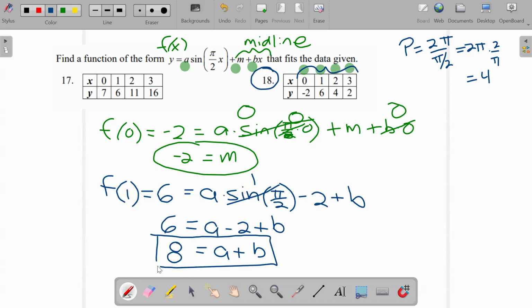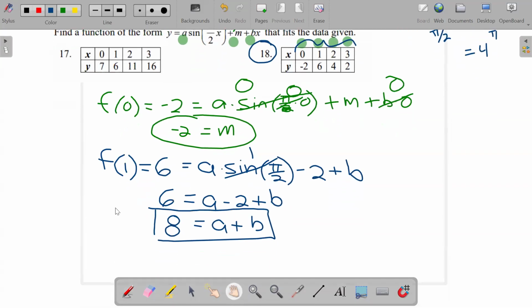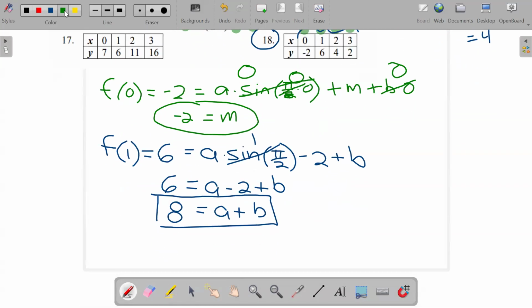We don't have enough information yet to find a or b, but we've got more points to plug in. So next, let's plug in 2 and see what happens. f of 2, according to the table, is 4. And for our function, we still don't know a, so that will be a sine of pi over 2 times 2, minus 2 plus b.